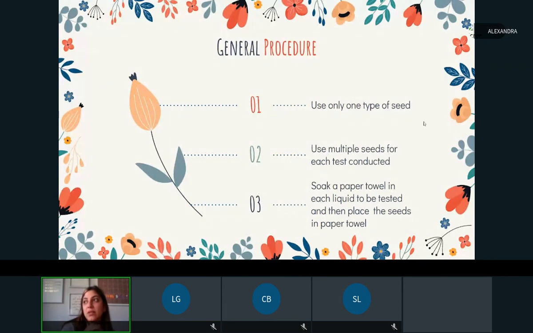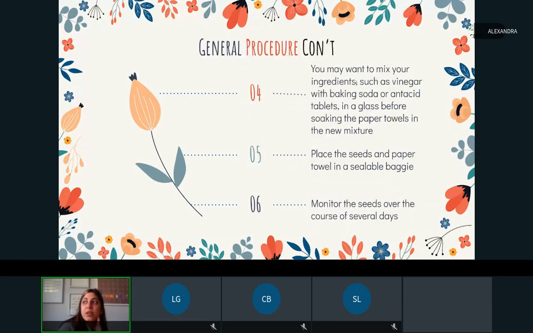So for example, you are only going to use one type of seed. You're going to want to use multiple seeds for each test conducted. You're going to soak a paper towel in each liquid to be tested, and then place the seeds in a paper towel. Kind of what I was saying, right? You're going to soak the paper towel, you're going to open it up, and then you're going to layer it on the bottom and in the top of your seeds.